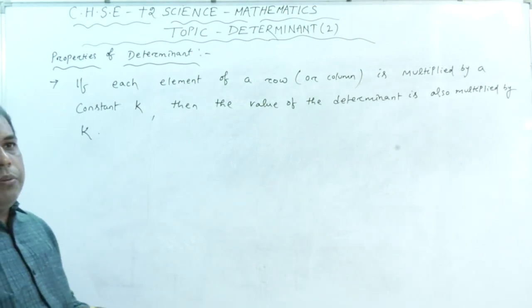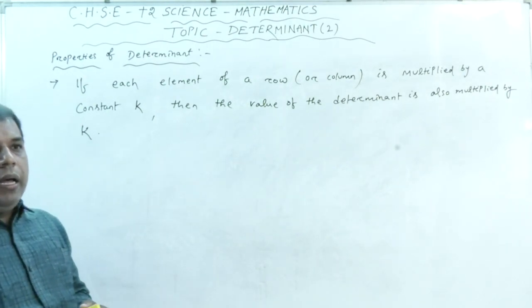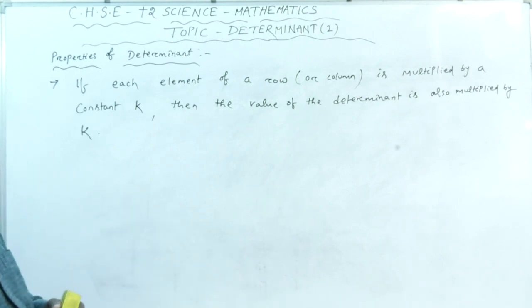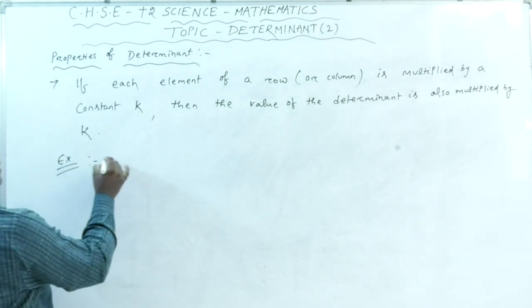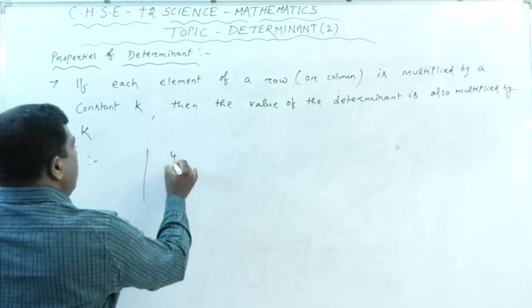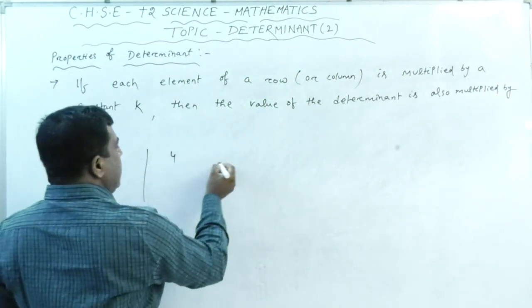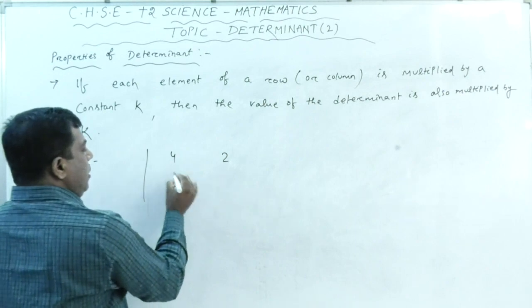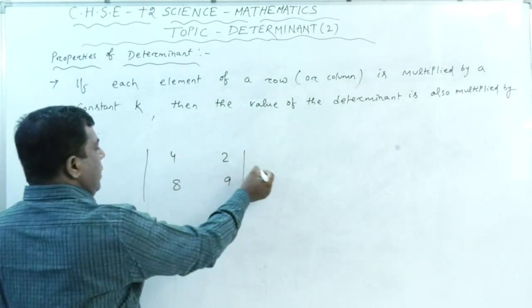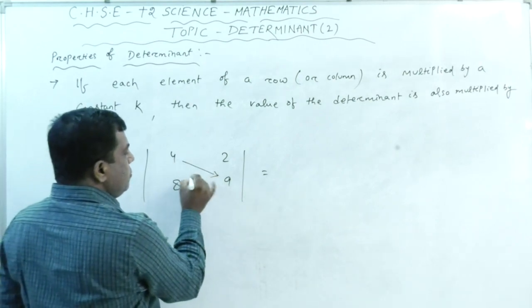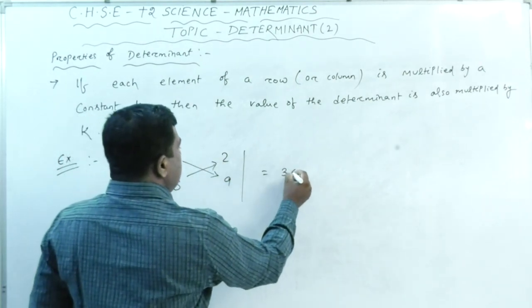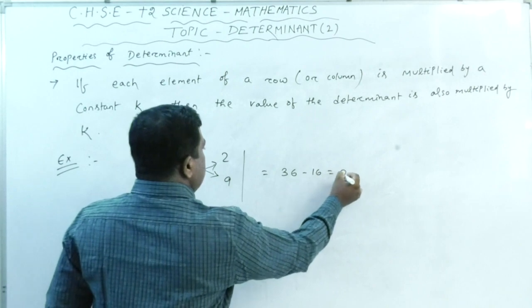Now we are going to take an example of this property. Suppose one determinant is there. Let us take a second order determinant 4, 2, 8, 9. Okay, and we can evaluate its value. How to evaluate the value? 36 minus 16, it is 20.